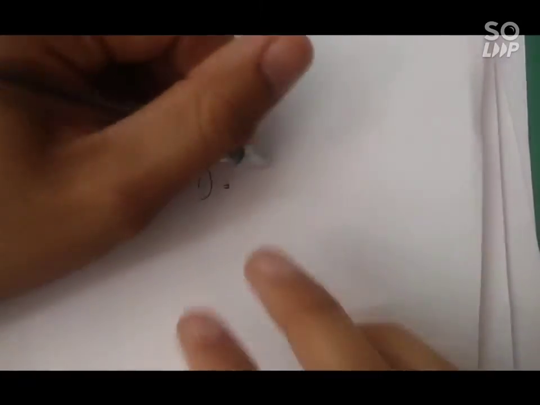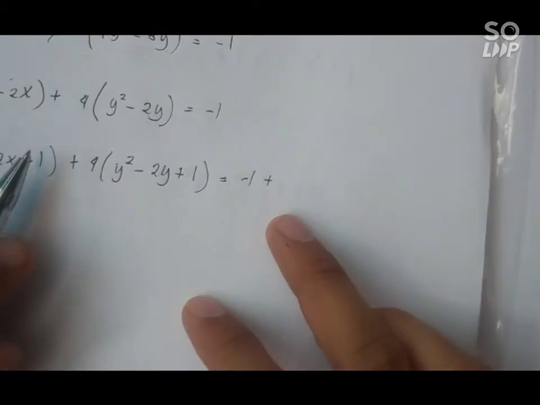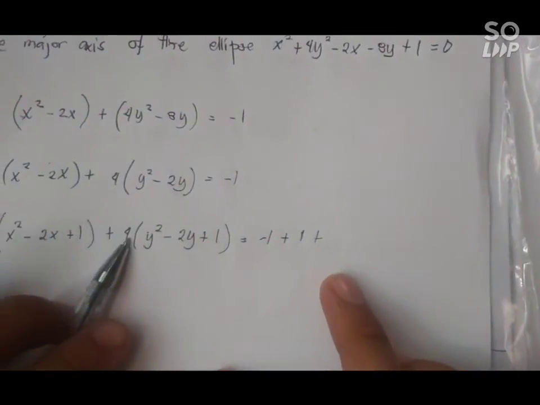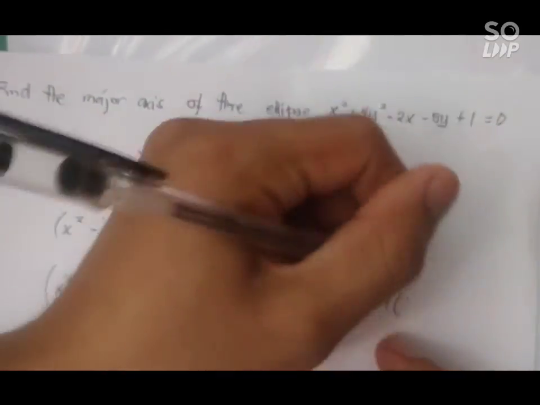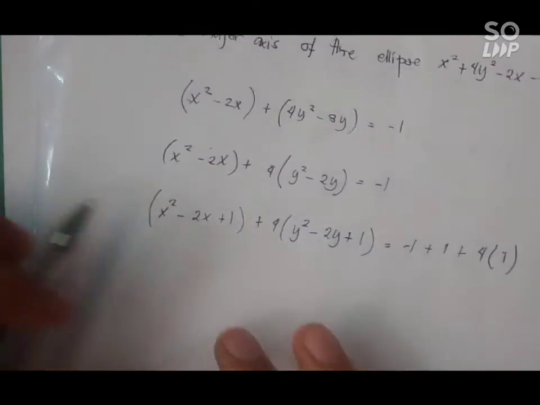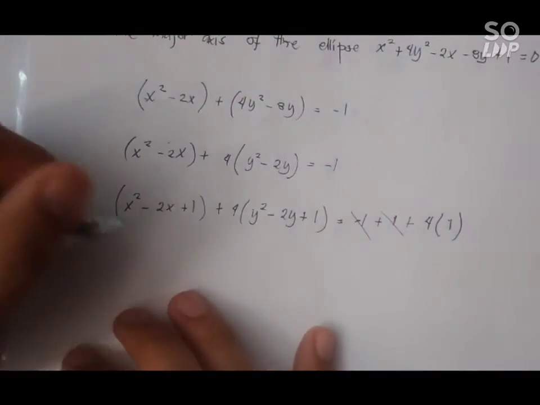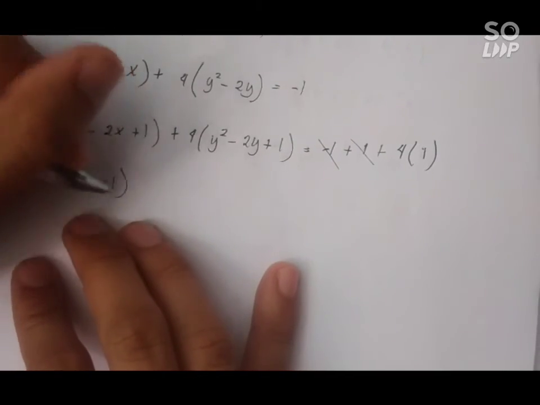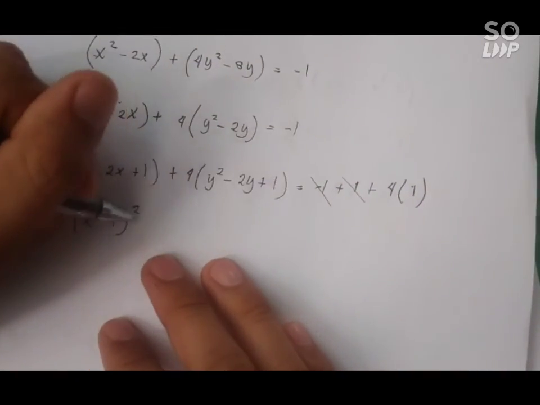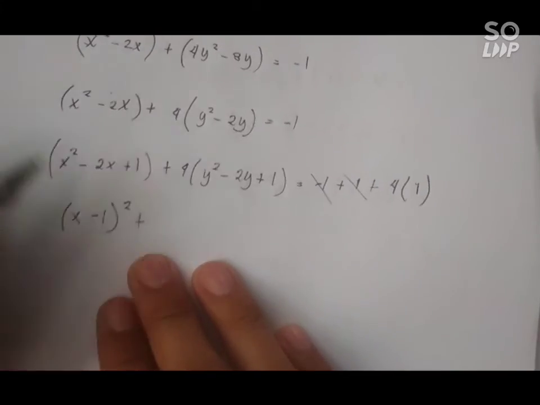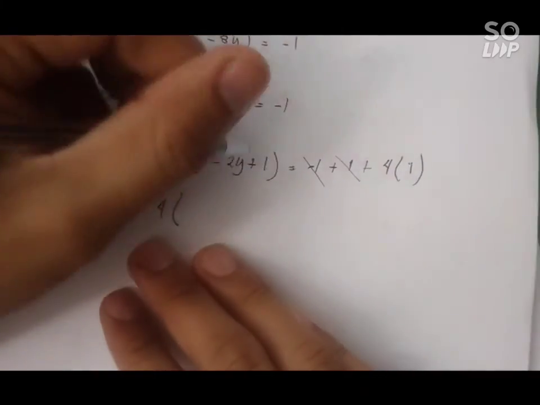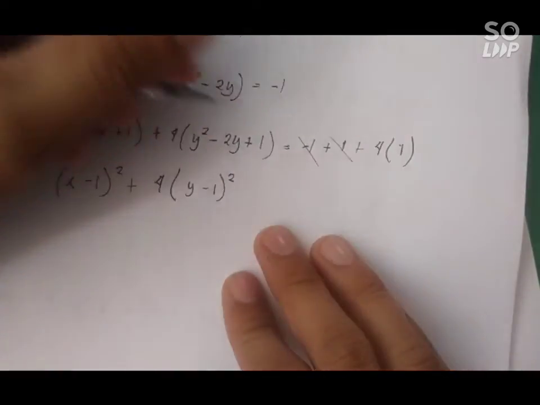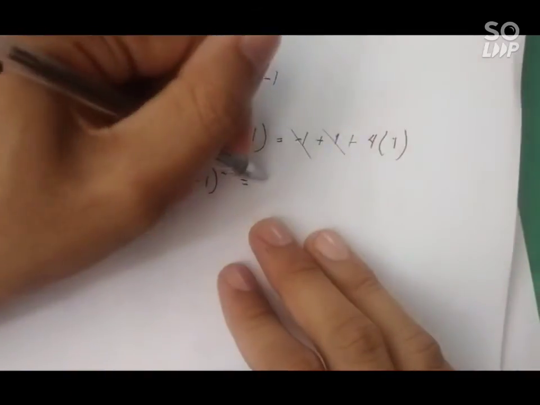So negative 1 plus 1 man dire, 1 plus kay naa may 4 na plus 1, so 4. So which is cancel out ni, so x minus 1 squared. So complete square naman siya, so dire is 4 times y minus 1 squared, so equals 4.